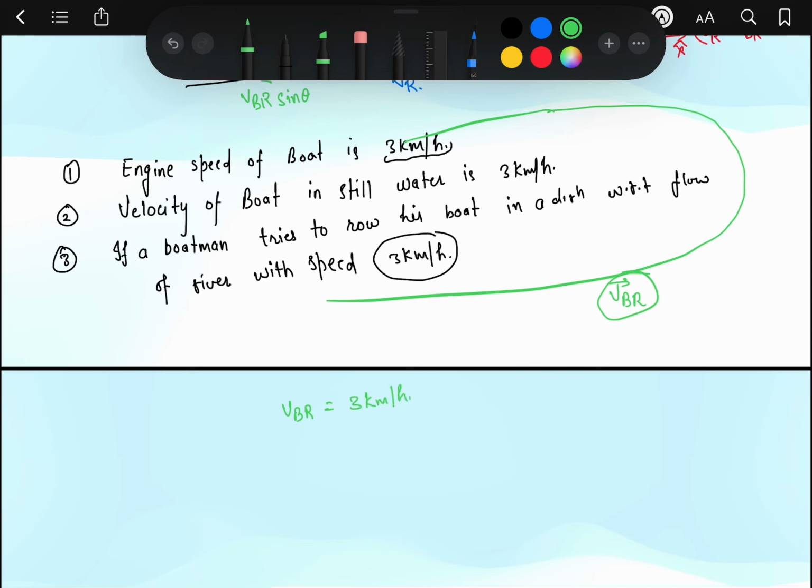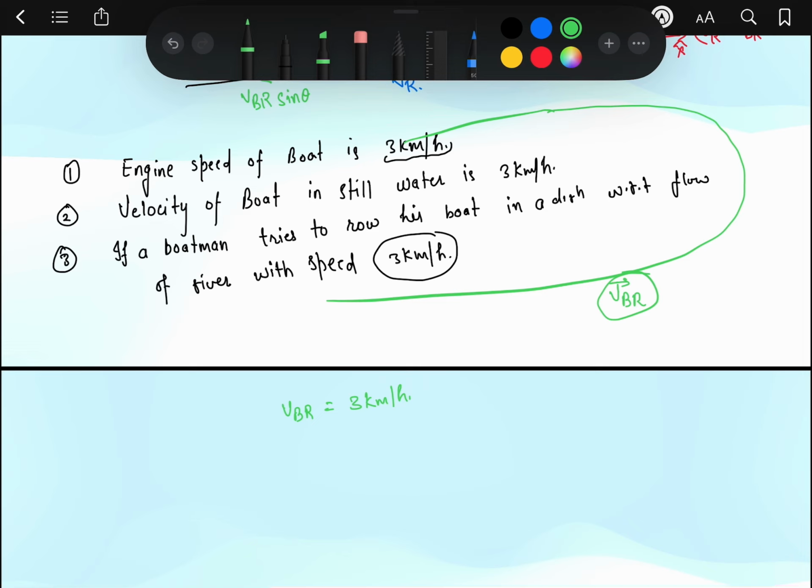Similarly, in the second statement, velocity of boat in still water is 3 kilometer per hour also means the same, that VBR is 3 kilometer per hour. So these are some important points we have to remember.